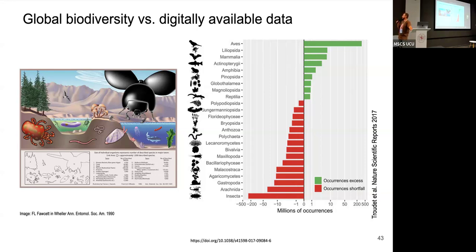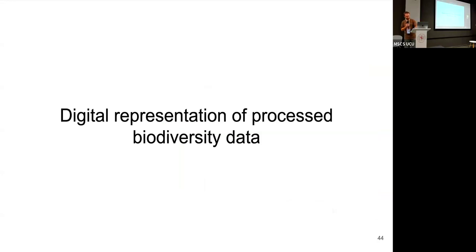But on the other hand, in the digitized part of biodiversity data, vertebrates like mammals, birds, reptiles, amphibians, and so on, fish, occupy a much larger part than the insects and the nematodes, fungi, bacteria, viruses, and so on. So we underestimate a huge part of the biodiversity, and we know about that. And we still can do something with that.